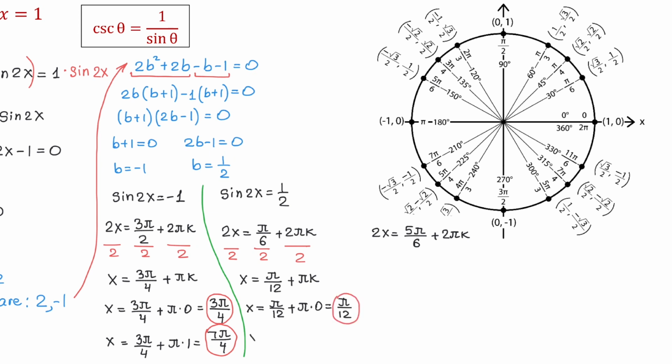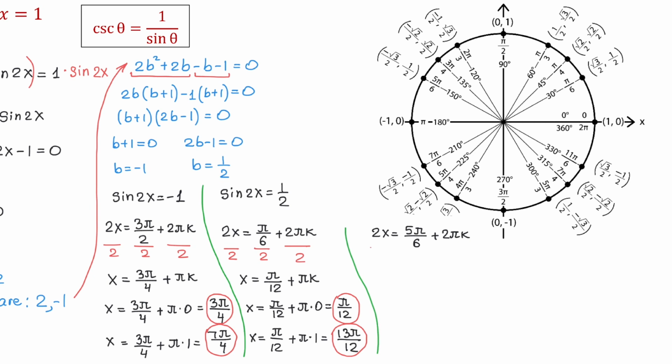Next, we will replace k with 1, and we will have x equals pi over 12 plus pi times 1, and this equals 13 pi over 12. And now if we would replace k with 2, then this number would be greater than 2 pi. So here we found two solutions, and now we will move to this equation.